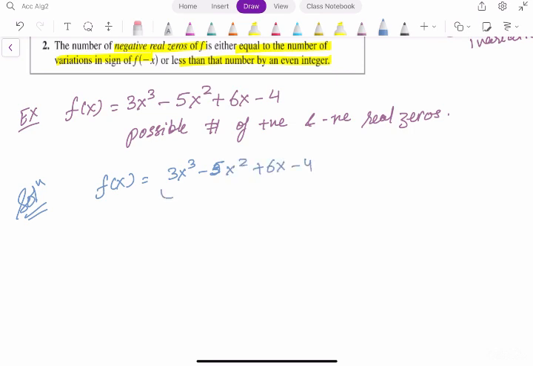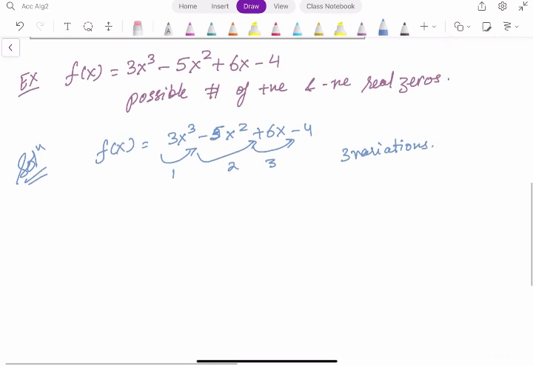At this point, you can see how many variations there are. We have one variation here, another here, and one more. That means we have 3 variations. Then we can also evaluate f of negative x, so we will switch x with negative x.